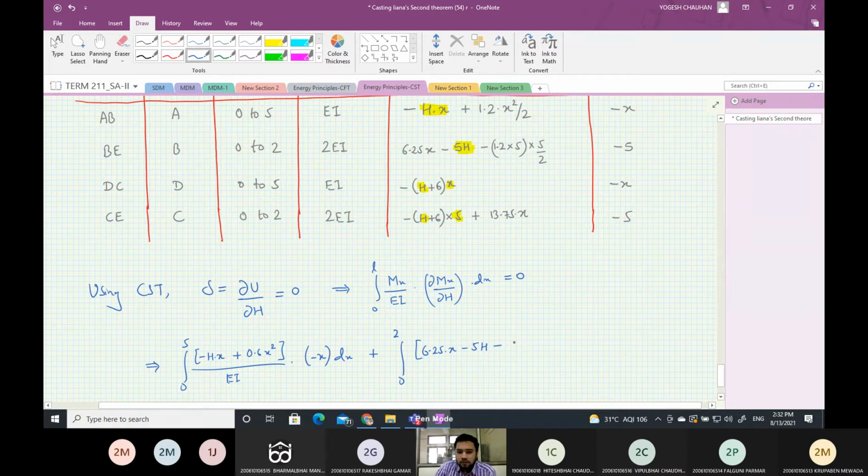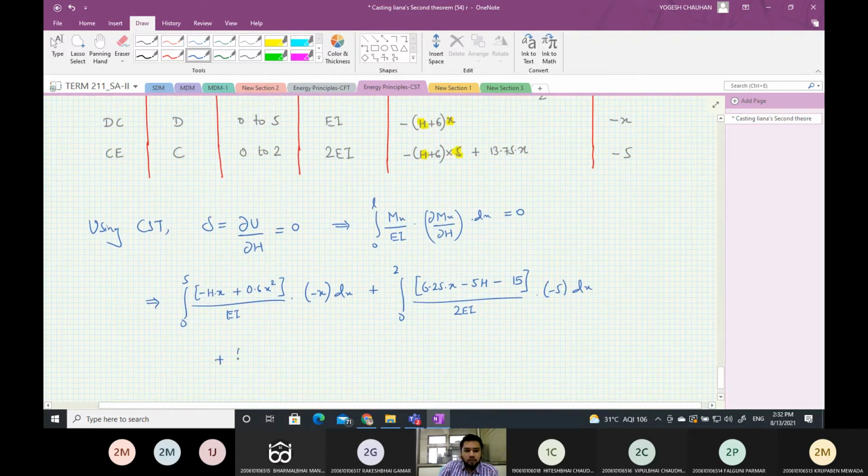So this value is 15, whole divided by 2 EI and multiplied by minus 5 dx.